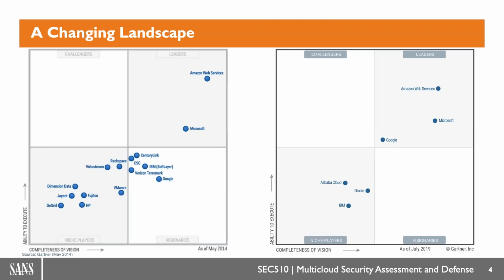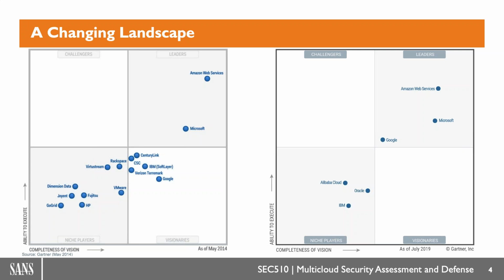Before we can discuss multi-cloud, we need to understand how the public cloud provider landscape has evolved over time. On the left, we have Gartner's Magic Quadrant for Cloud Infrastructure as a Service from 2014. On the right, we have the same chart from 2019. In these past 5 years, two major things have changed.